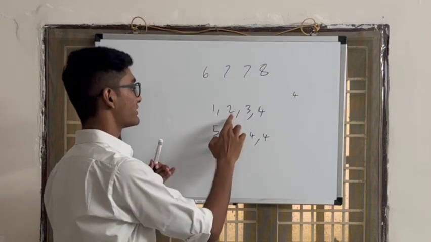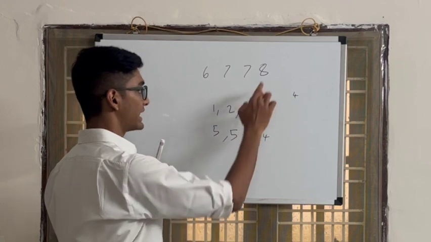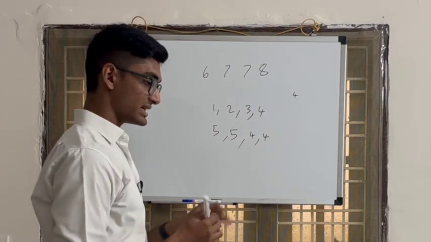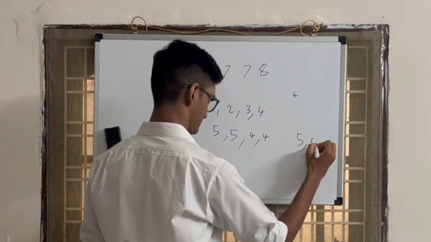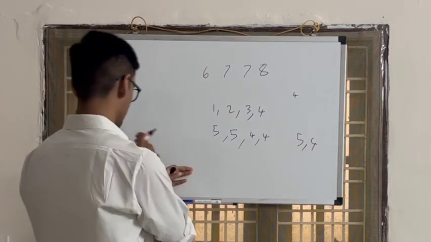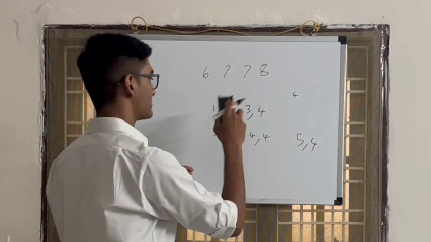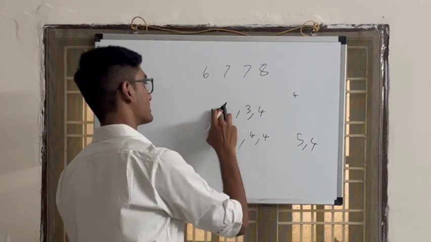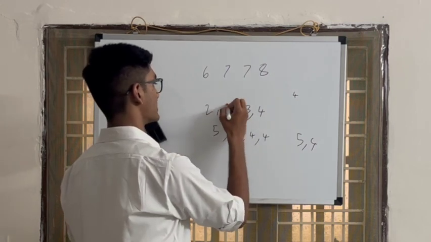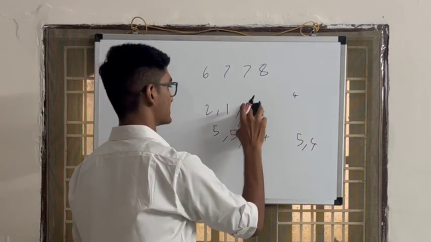The difference between 7 and 2 is 5. 7 and 3 is 4, and 8 and 4 is 4. So in this case, we have 2 distinct elements in this array, which are 5 and 4. But we can make a permutation such that we get a better result by swapping these 2 elements, 2 and 1, and 4 and 3.